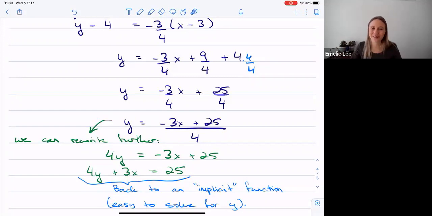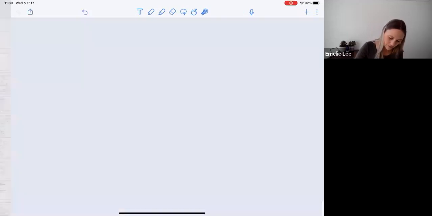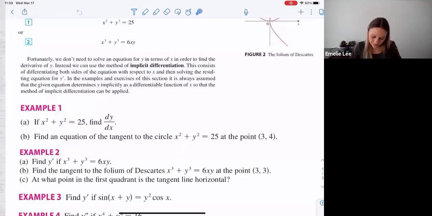But of course, Maple does. It has the implicit diff command, and then it just does it for you, which is nice, but we need to know how to do it for real. Okay, let's do example 2.